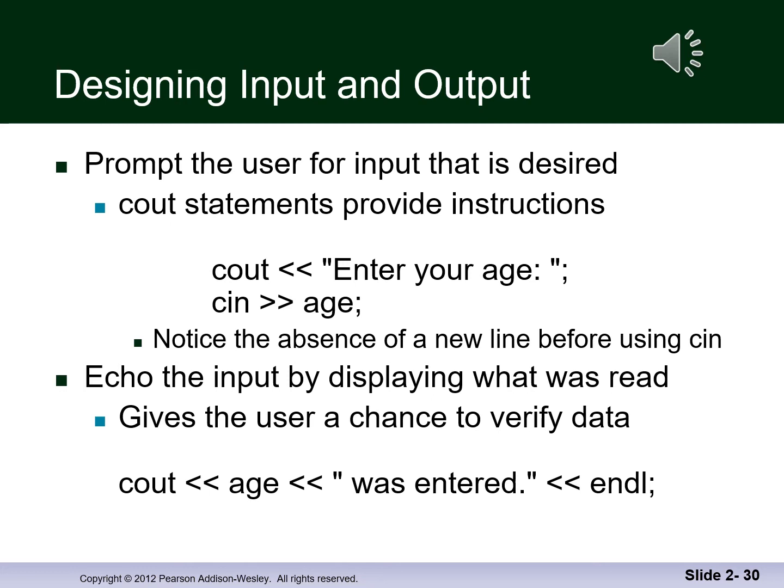Before the cin statement that allows you to read in age from the keyboard, you put a cout statement, enter your age. Notice at the end of the enter your age there's a colon and a space, but no endl. That means enter your age is going to be sitting there, and on the same line they could type in age and hit Enter.